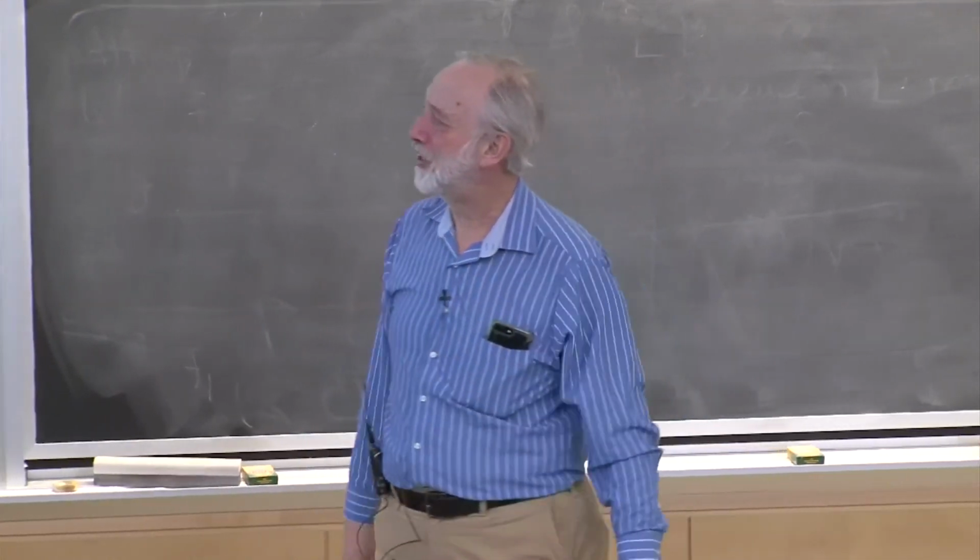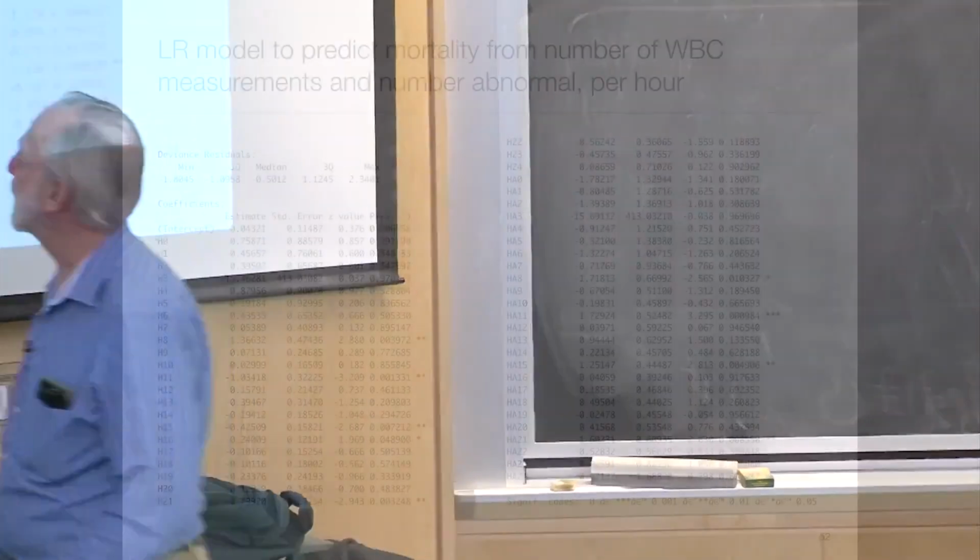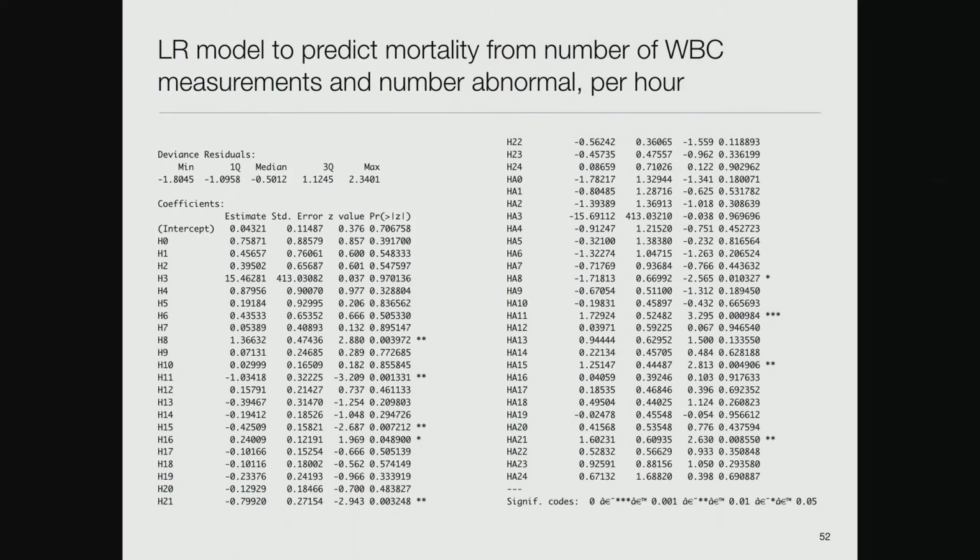And so I avoided that. But what this is showing you is for each of the hours 0 to 24, what is the number of measurements, and for each of those hours, what is the fraction of those measurements that's abnormal?